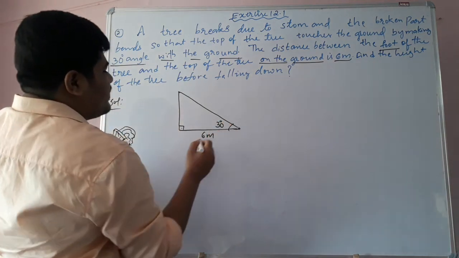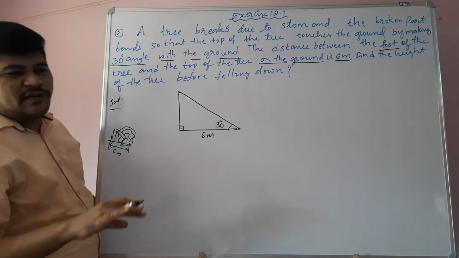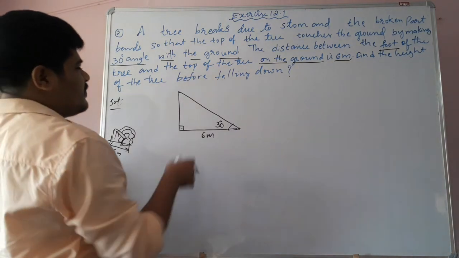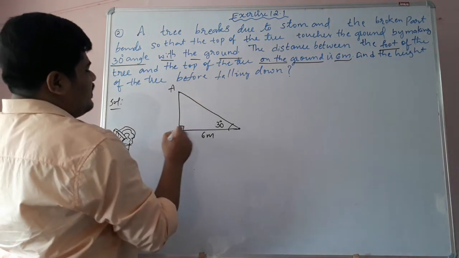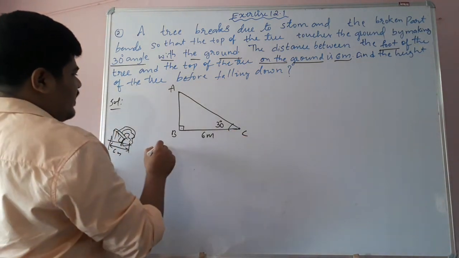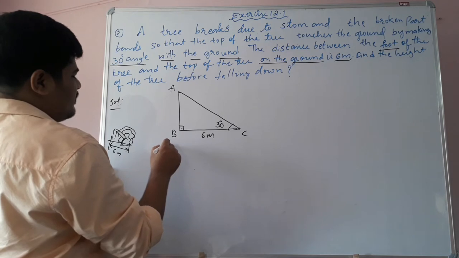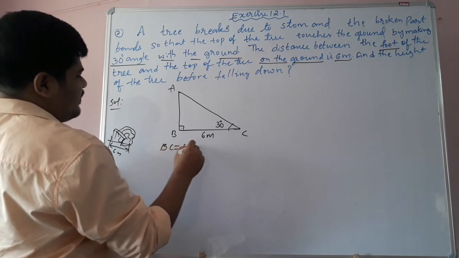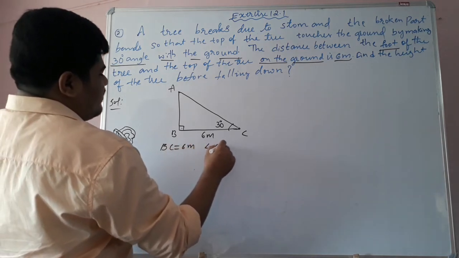And what are they asking, students? The height of the tree before falling. So let us name it ABC. I am taking BC is equal to 6 meters, angle C is 30 degrees.